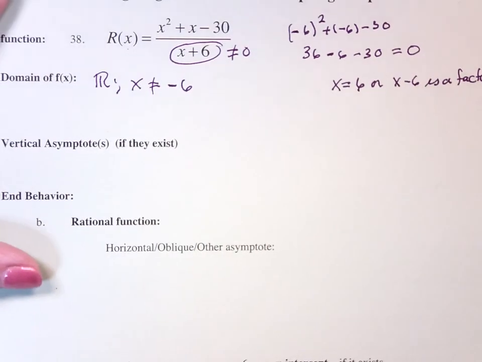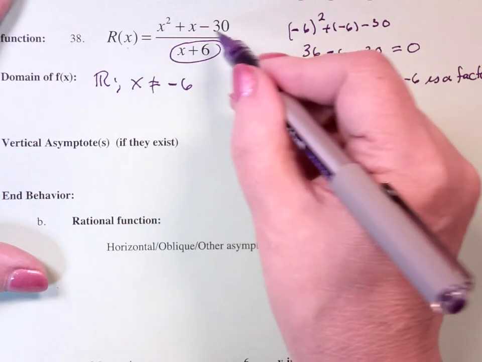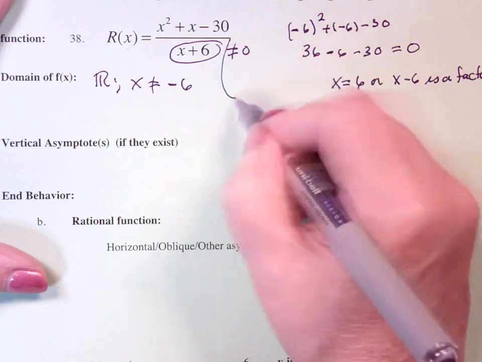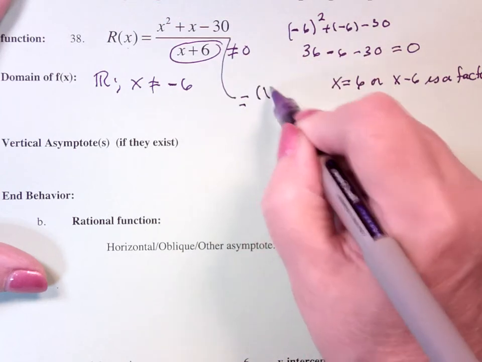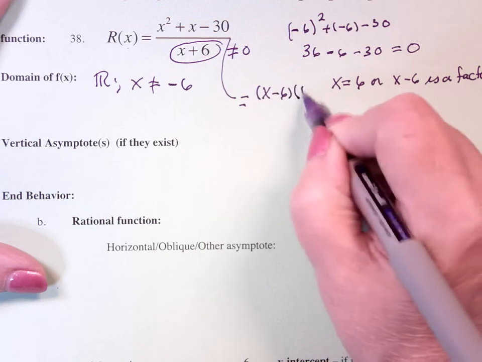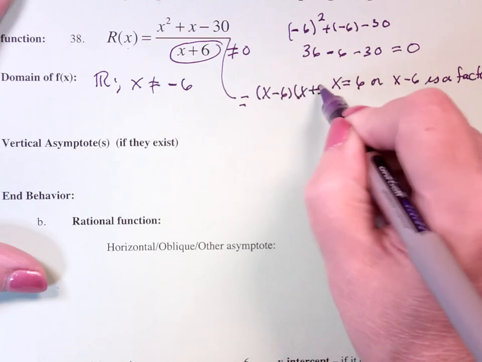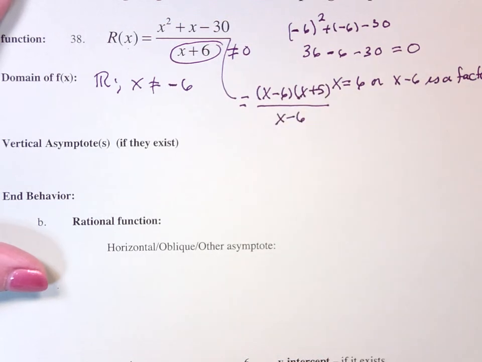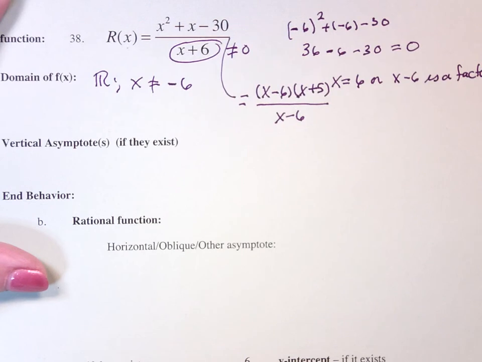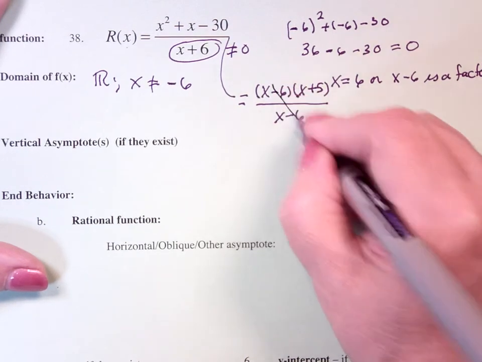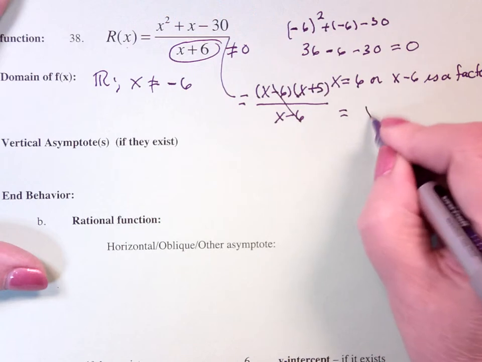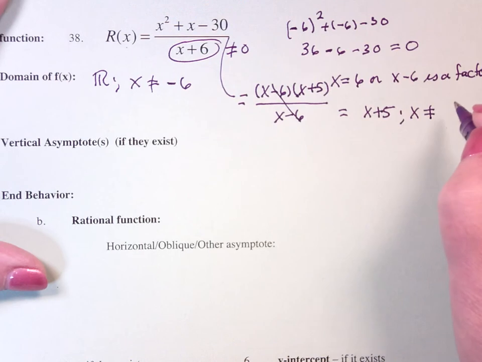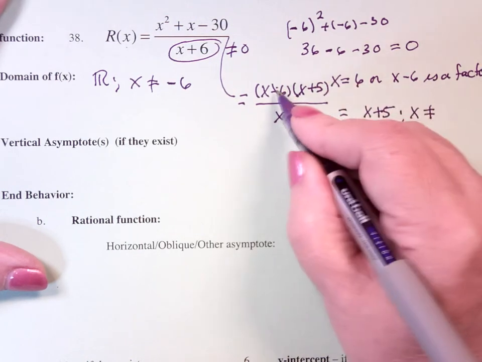So that means that x squared plus x minus 30 factors, so this is actually equal to x minus 5 times x plus 6 all over x plus 6. This creates the hole in the graph. So what it really is is x minus 5, where x can't be negative 6. I wrong, this should be a plus.